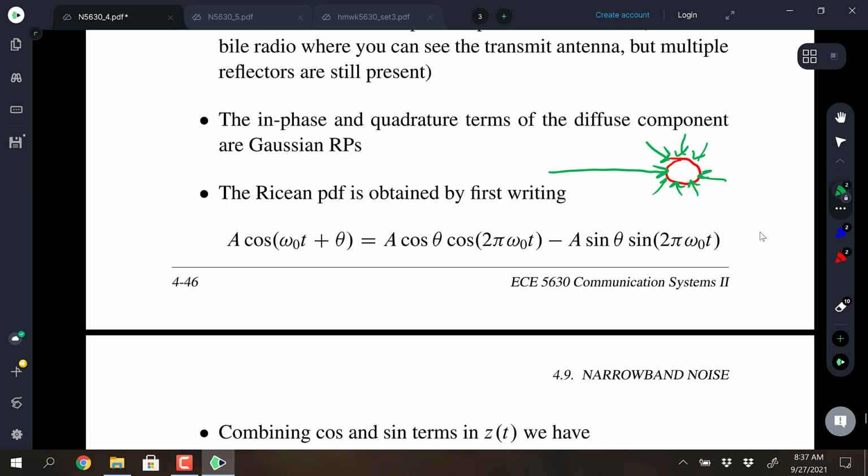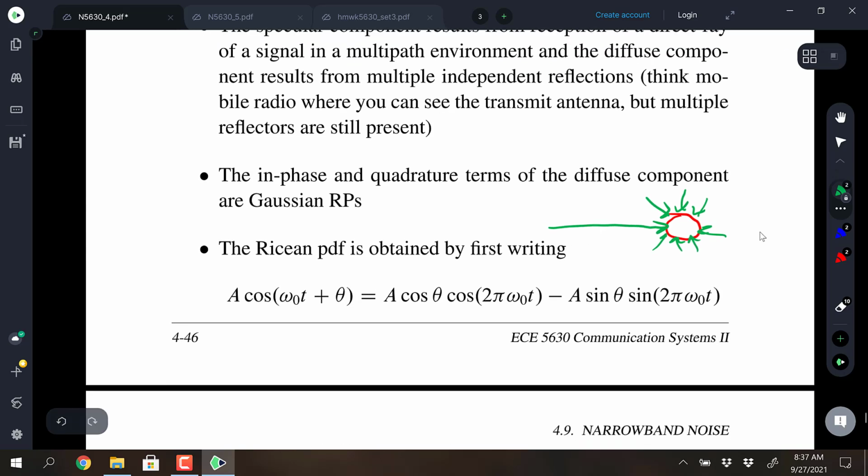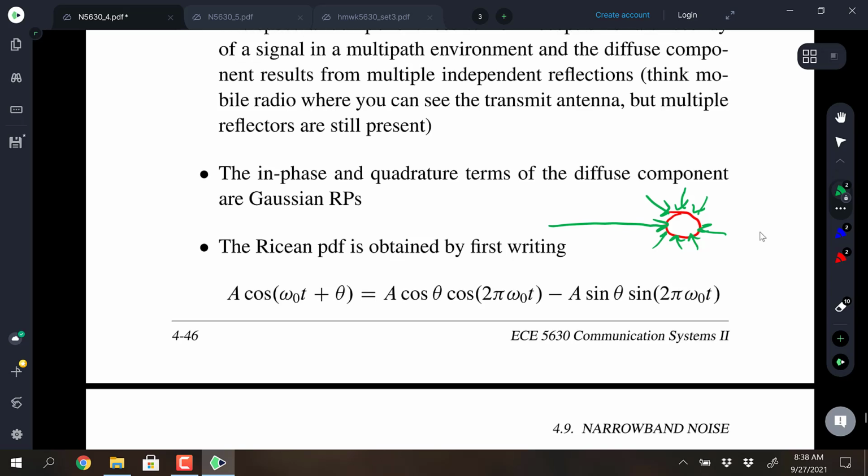And if we expand all that into in-phase and quadrature components, then we can take the direct path or specular path and break that up from the trig identity into a cosine theta minus a sine theta, and then times the expansion frequency cosine omega naught and sine omega naught.